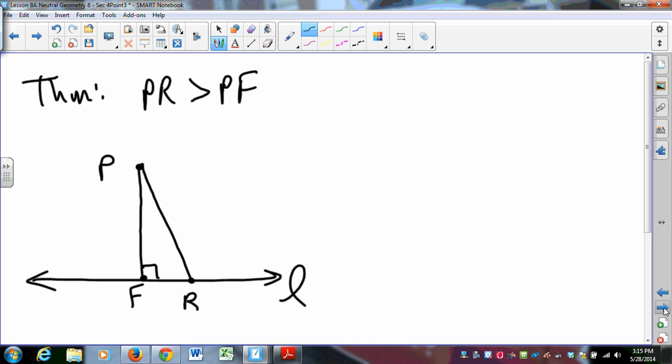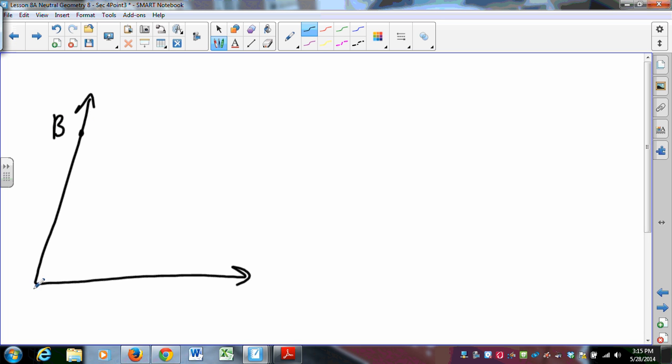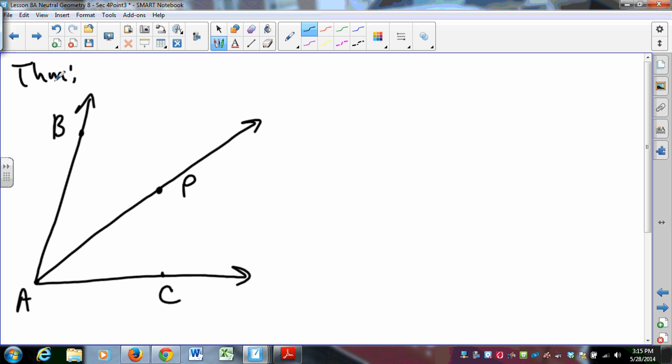Here's the other thing that's very nice to have handy once you establish distances between points and lines. Take any angle BAC. Here's the way we're going to say it.